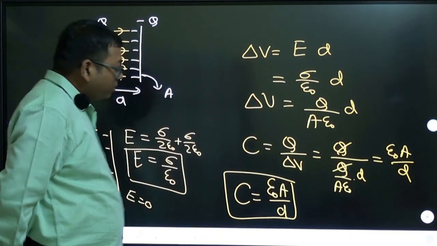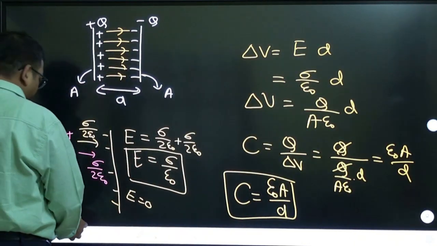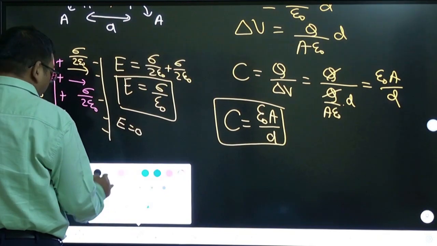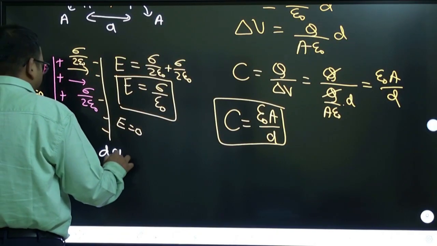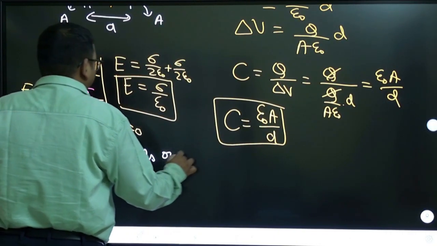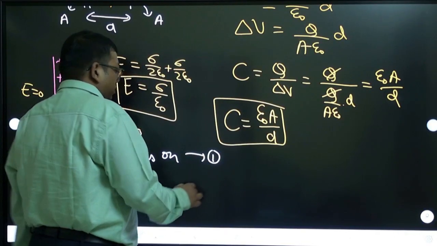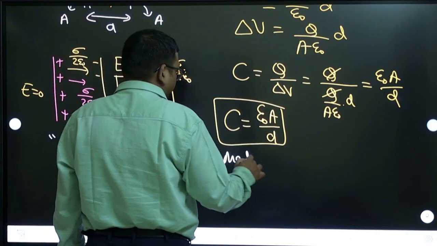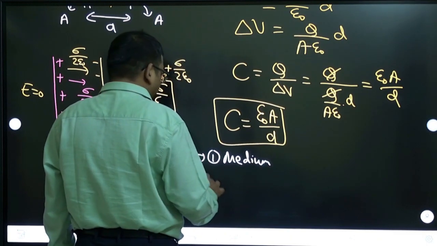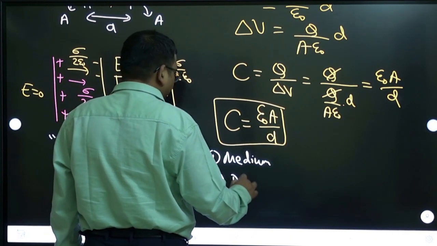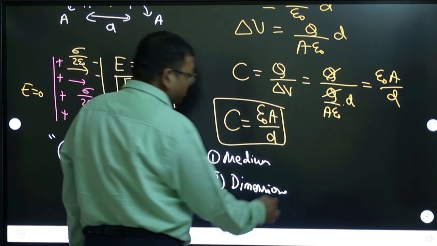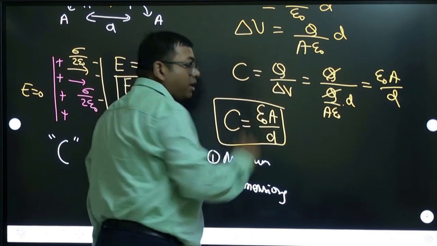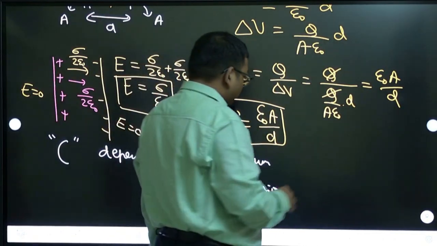Area and so on. On what factors does capacitance depend? Capacitance depends first on the medium, second on the dimensions, that's all. Note that capacitance does not depend on charge and voltage.